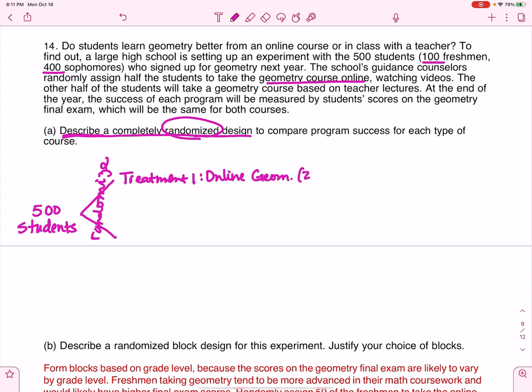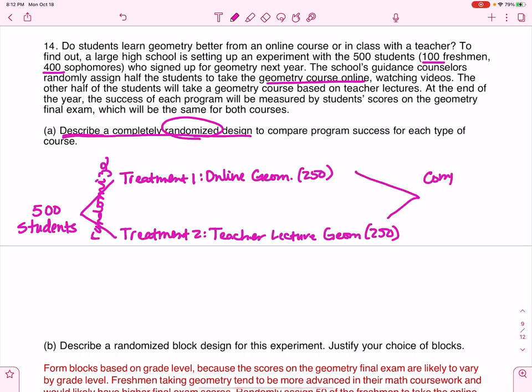I'm going to put 250 of them in that course. And then treatment 2 is going to be teacher lecture geometry, and I'm going to put 250 kids in that. And then I am going to compare final exam scores.